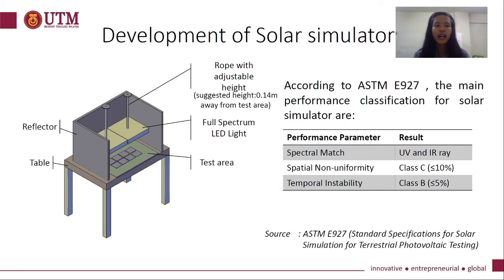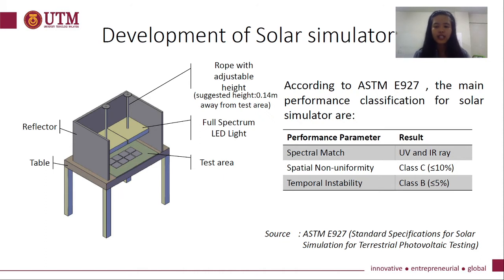So in order to ensure that the result is reliable when we perform experiment in the solar simulator, there are a few performance classifications according to the ASTM E927 standard. So the first one is spectrum match, where the full spectrum LED light is able to give UV and IR rays. Second is the spatial non-uniformity.